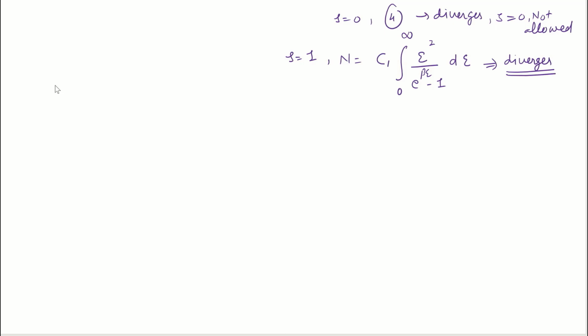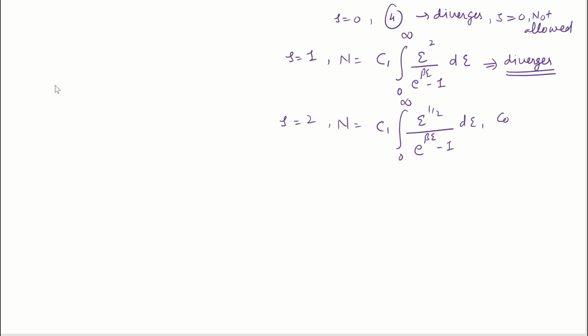So for s equal to 1, this will diverge, whereas when s is equal to 2, the corresponding value of n is equal to c1 times the integral from 0 to infinity of e power 1 by 2 upon e power beta e minus 1 dE.